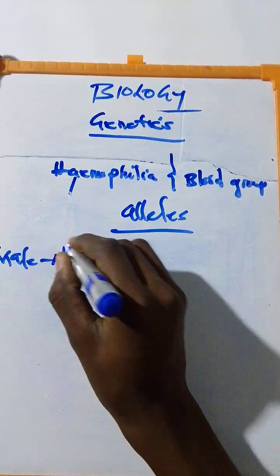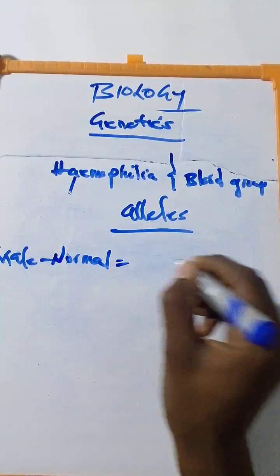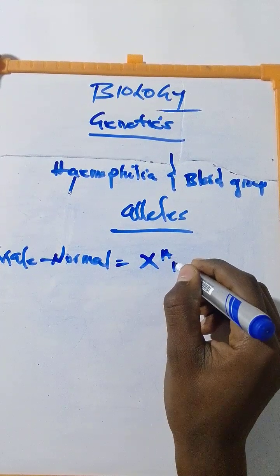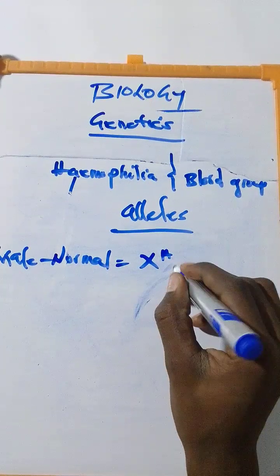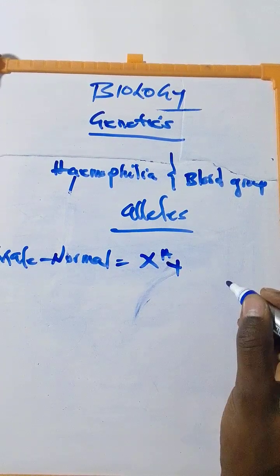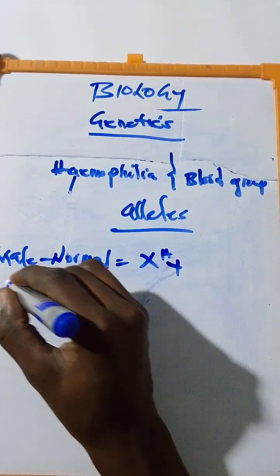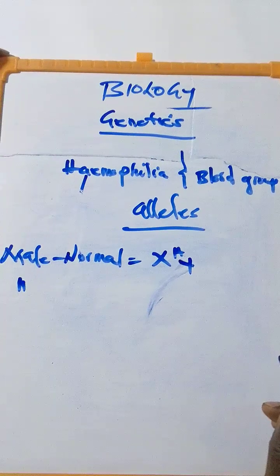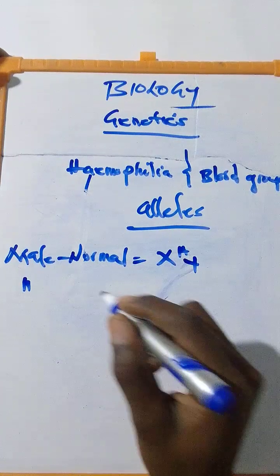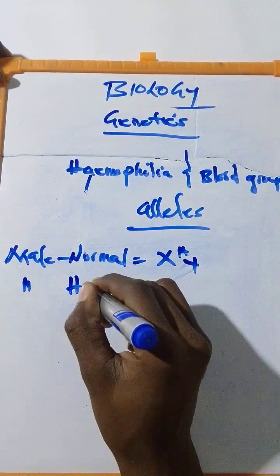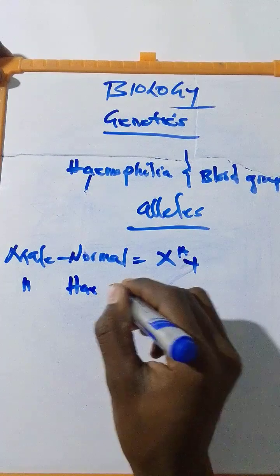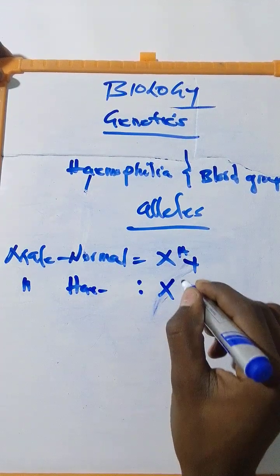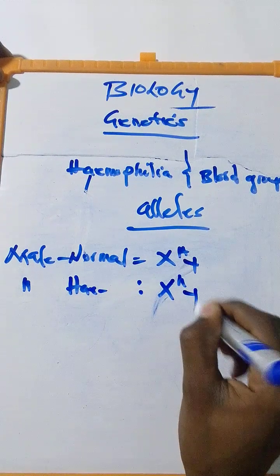Normal male has this allele, so put capital letter H representing normal. Then of course male. Now at this point, this male will become hemophilic. So if someone is hemophilic, then the alleles will have X, then small letter h and Y.